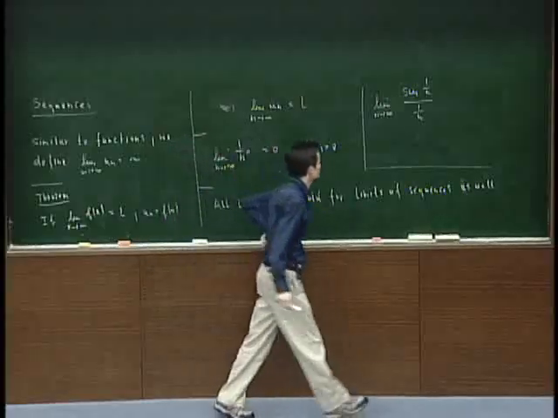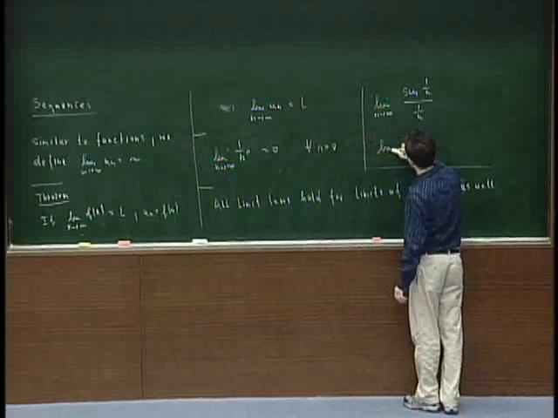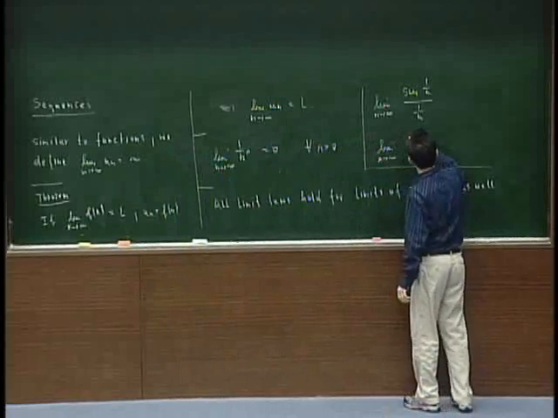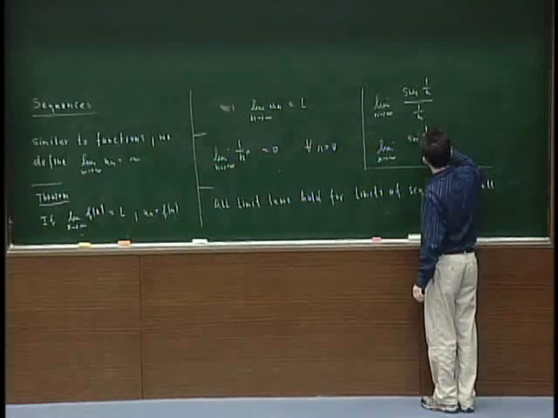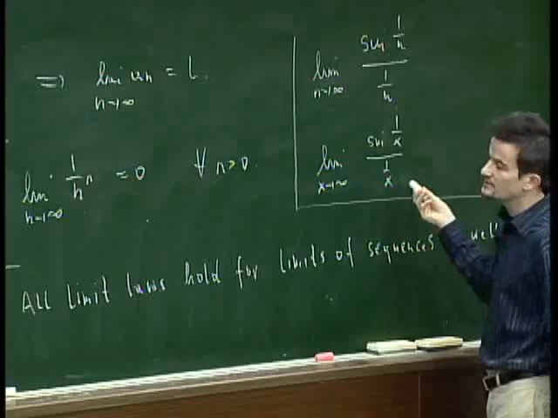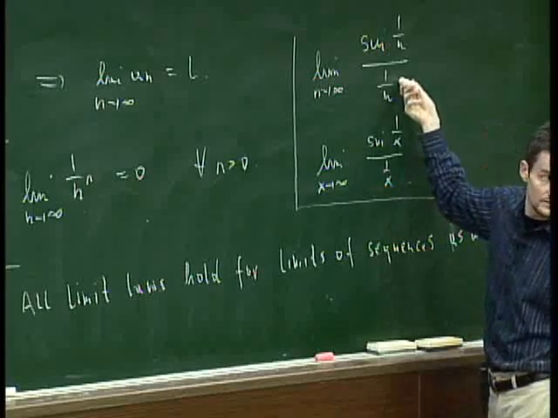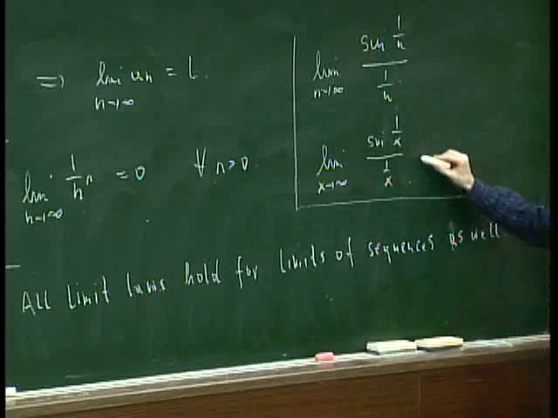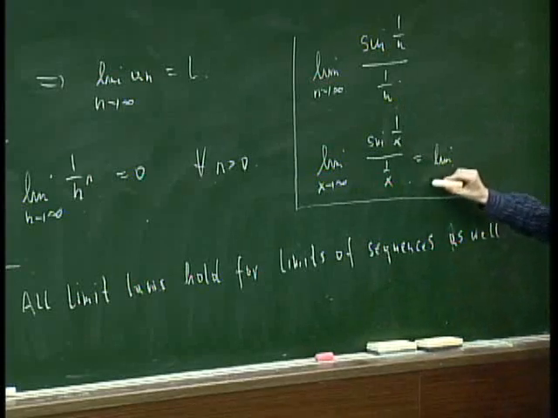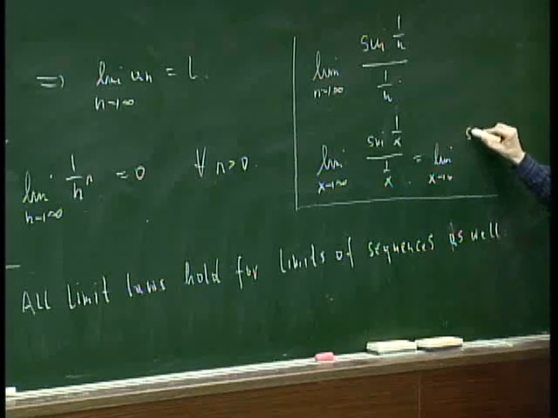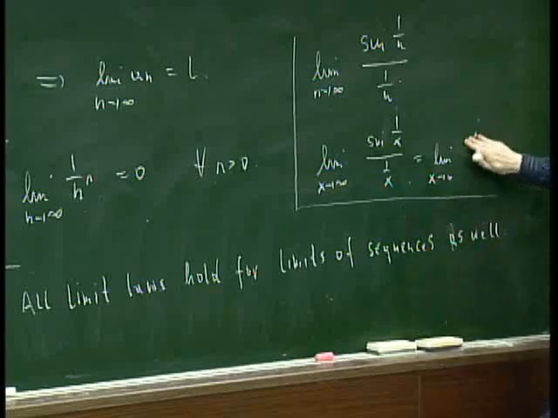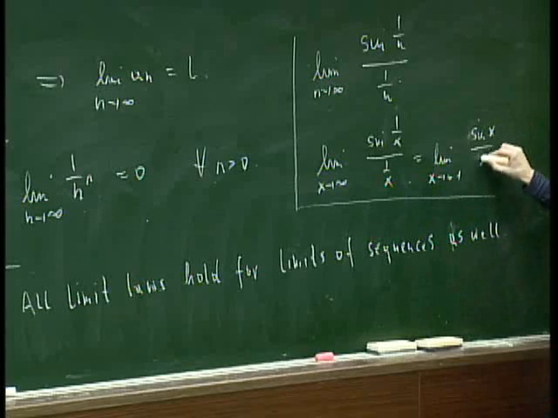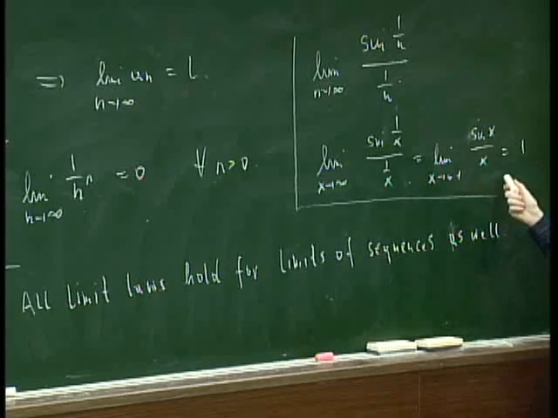So you first look at the limit as x tends to infinity of sine of 1 over x, over 1 over x. If this limit exists, it must be equal to this one, and here this is the limit as x tends to 0 from the right of sine of x over x. This limit is equal to 1, for instance by the L'Hopital, or we have also found another proof for it.